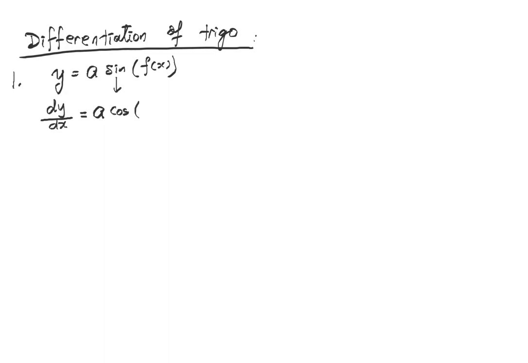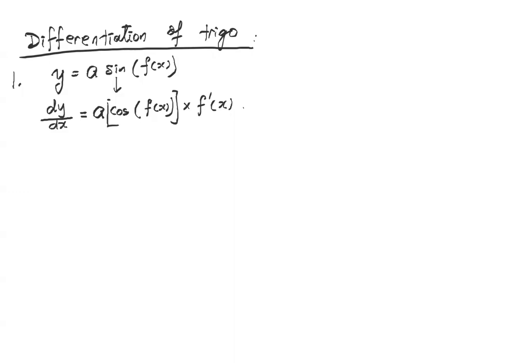You write down the angle. Then after that, you multiply with the derivative of the angle. Clear? That is the first formula you have to remember and get used to. I don't want to prove it to you by using first principle.